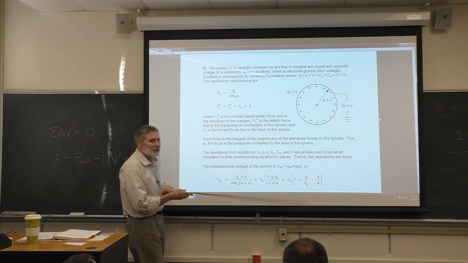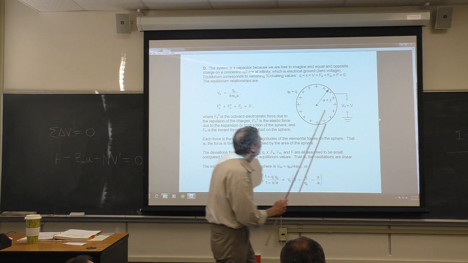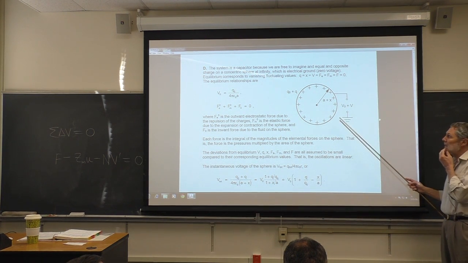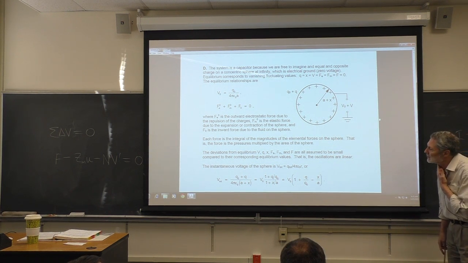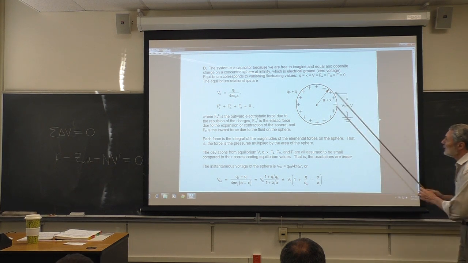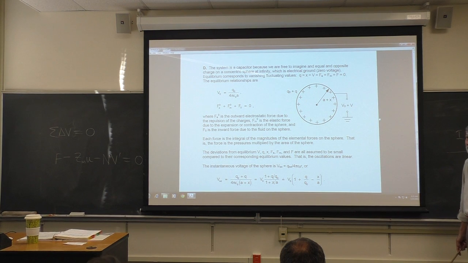So you get this conducting sphere, and you can put a charge on there. Well, that is going to be relevant because we're going to talk about the capacitance. The way people think about this, they think of it as a capacitor. It's holding charge. The problem is, where's the other plate?